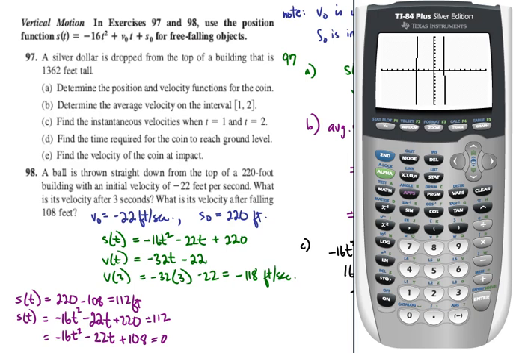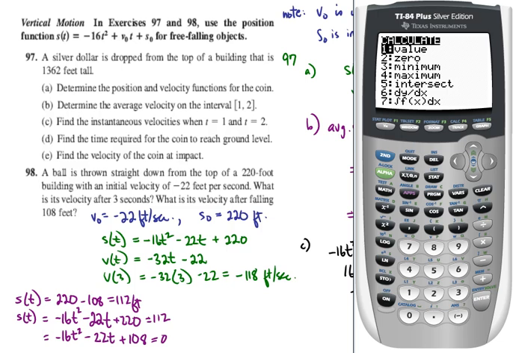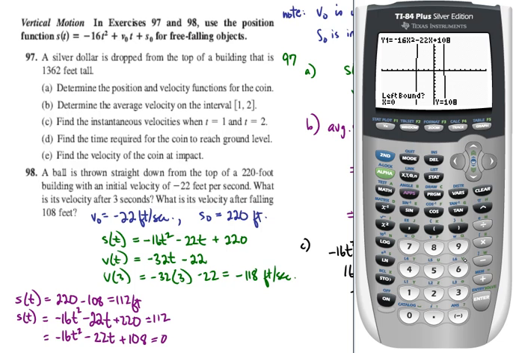Now this is an upside down parabola, which you can't really tell, and it looks like it's going to be at t equals 2. And we can tell that by looking for that 0 value. We'll do second trace, which is calc. We're looking for a 0, and it's somewhere between x equals 0 and x equals 3, and that value is exactly at x equals 2.